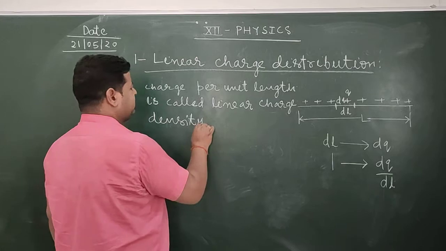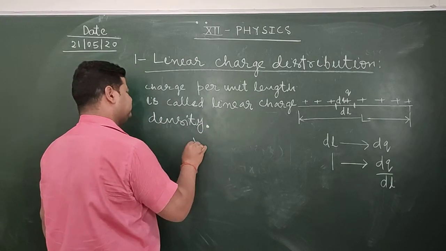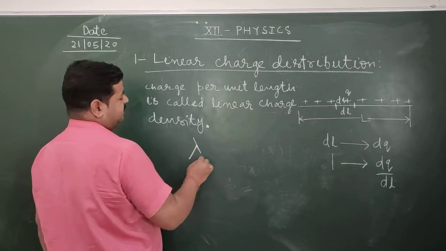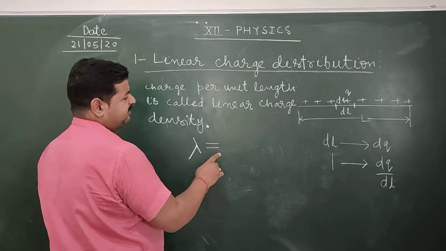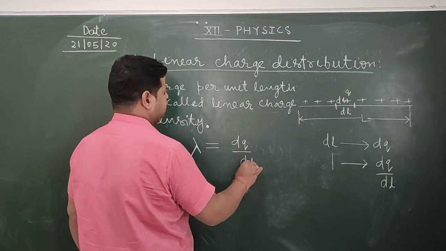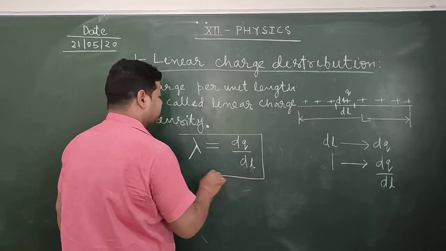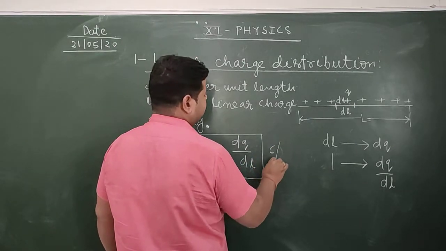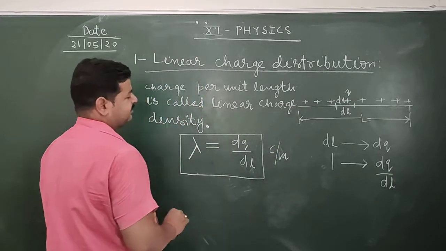It is denoted by lambda, that symbol is lambda. So what is the expression of lambda? That is lambda is equal to dq by dl, and here the unit of lambda is coulomb per meter.